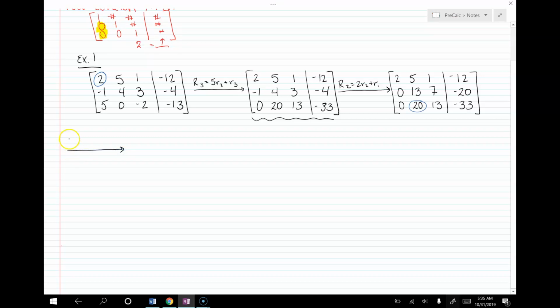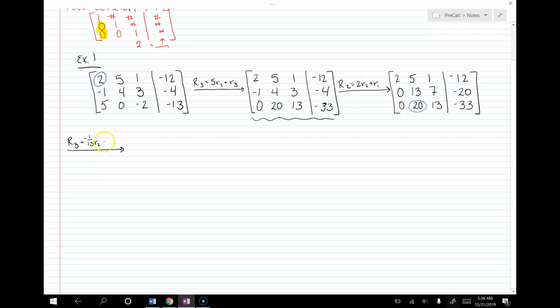I'm going to create a new row 3, and I'm going to do it by multiplying negative 1/13 by row 2, because notice that's going to give me a 1. 13 times negative 1/13 is negative 1.